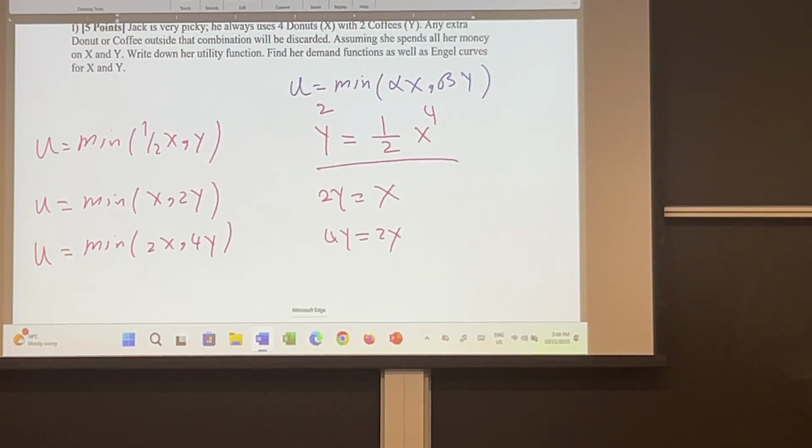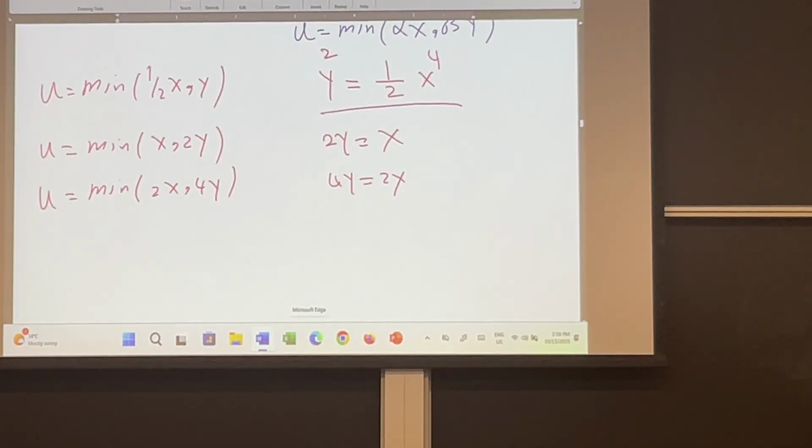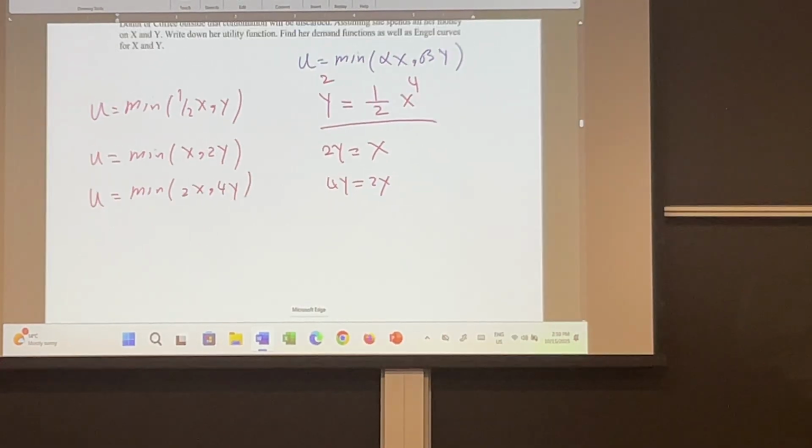Make sense? 1 is fine, 2 is fine, 3 is fine, they're all the same. So you use either of them, you get exactly the same. Or you can use, I don't know, 8, 4, it's the same line. Any combination is the same, right? So I wrote the utility. If you would have written any one of those, it would have been fine.